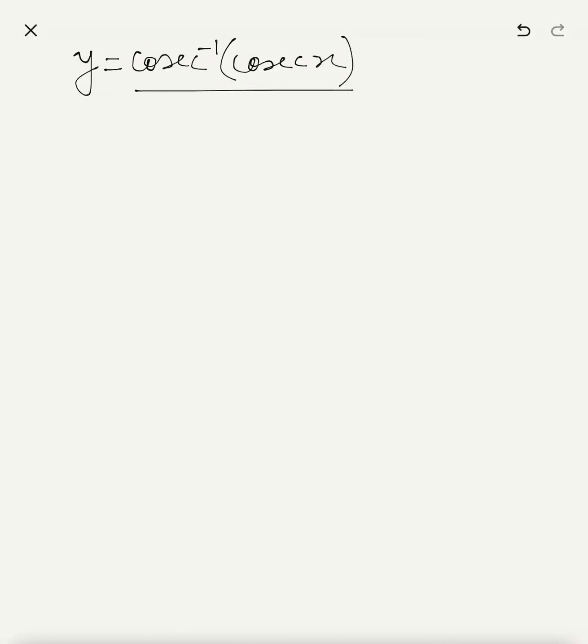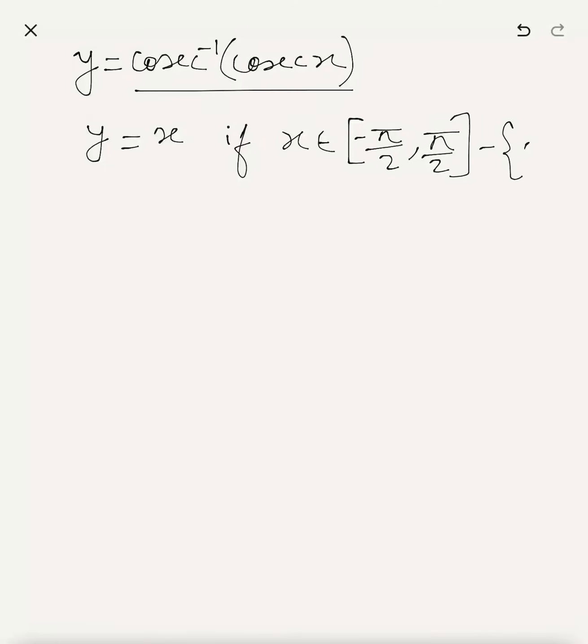What is the principal value here for x? Your y will be equal to x if x belongs to minus pi by 2 to pi by 2, minus 0. We have seen this in lecture 2, so you can recall from lecture 2. Anyway, let us proceed with the graph.